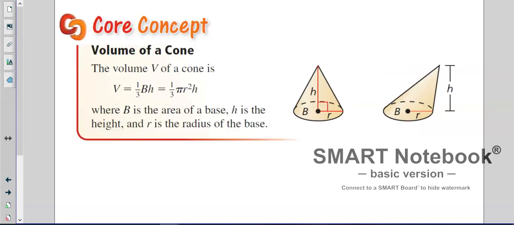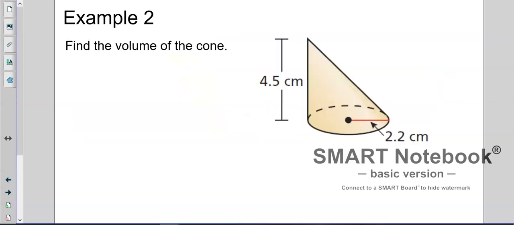Now we're talking about the volume of a cone. Okay, now similar to a pyramid, you know, that 1/3 BH, all right? But the area of the base, more specifically, is pi r squared, right? So similar idea as what we did on a pyramid. So let's do this. We have our formula.